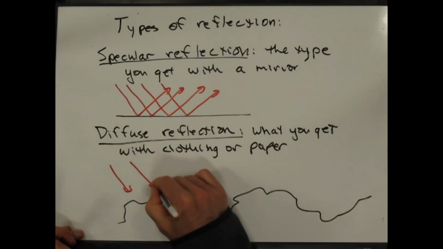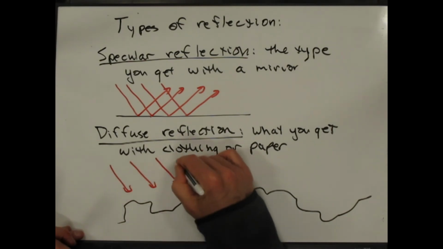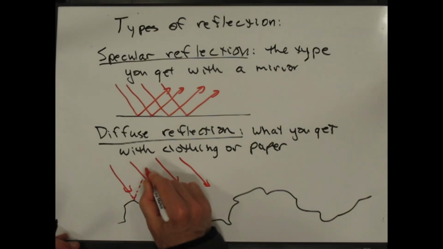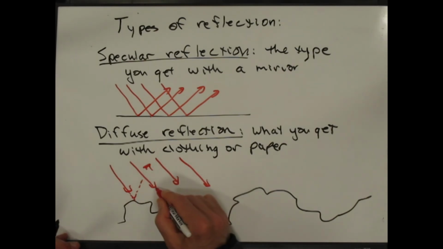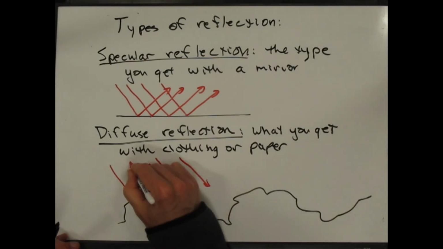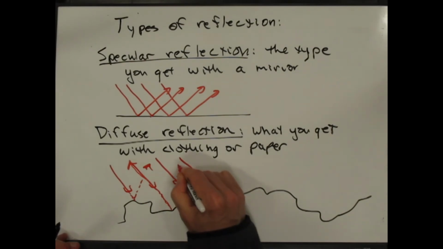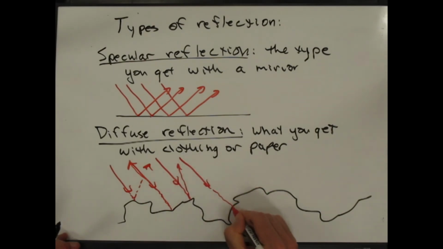And so if you had a bunch of parallel rays coming in, you might say, well, this one hits here and it goes up this way, and this one hits here and it goes straight back this way, maybe. And this one hits here and goes over this way, and this one hits here and goes off this way, and so on.